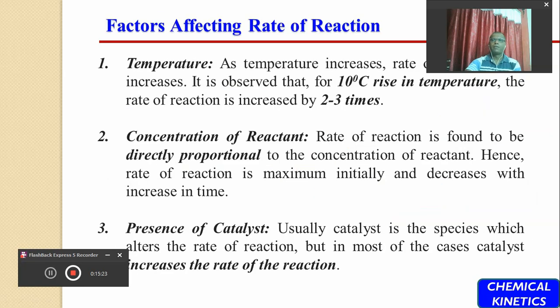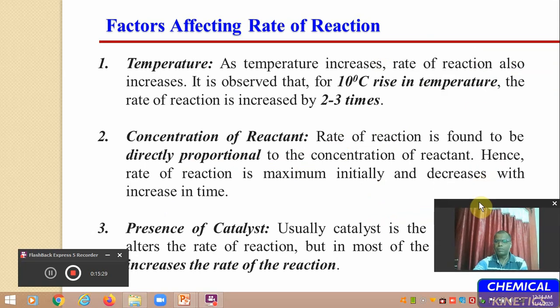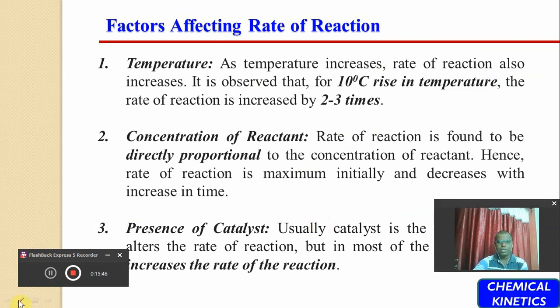Again, the rate of reaction depends upon various factors, because in chemical kinetics not only the rate of reaction but also the factors affecting the rate of reaction are studied. The first factor is the temperature. It is observed that as the temperature increases, the rate of reaction also increases.